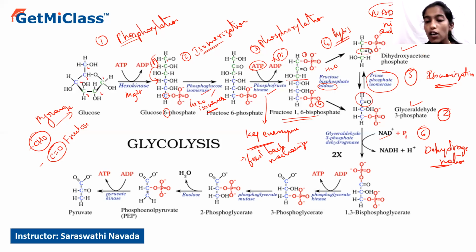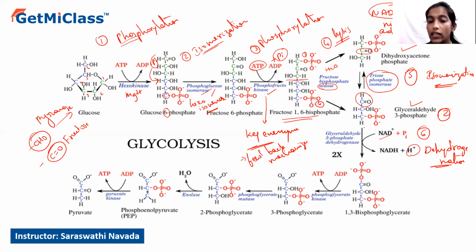The hydrogen released upon dehydrogenation of glyceraldehyde 3-phosphate will be accepted by the NAD molecule, and it gets reduced into NADH and H plus. Because here the NAD plus can accept only one hydrogen at a time. In this process, two hydrogens are released, where one will be accepted by the NAD and another will be in the form of the hydrogen ion itself.